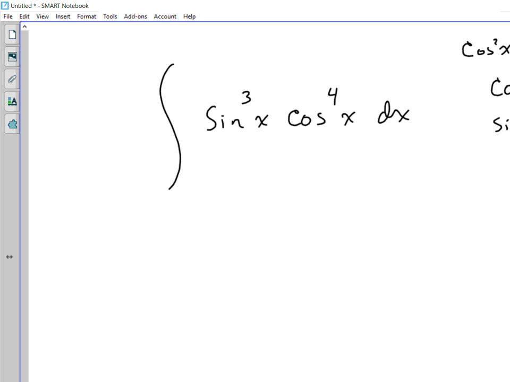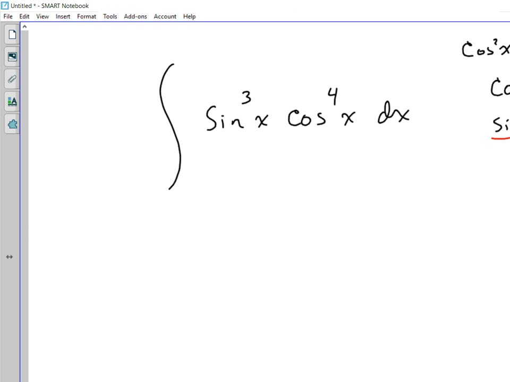Okay, so using those, I'm going to find a way to turn either the sine to the third or the cosine to the fourth. I want to make a substitution in there so that I get rid of all but one of them. Which one might be useful to substitute? The sine.